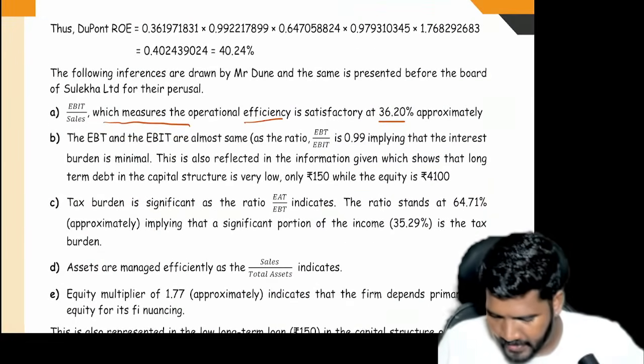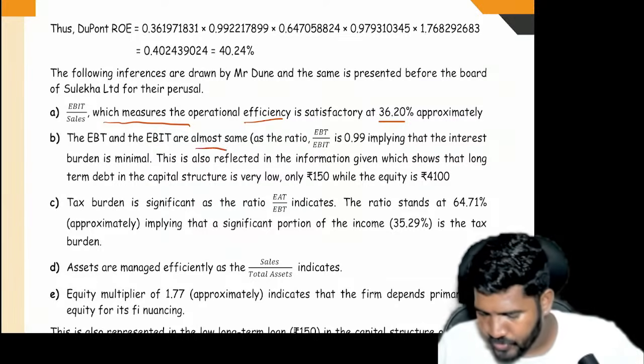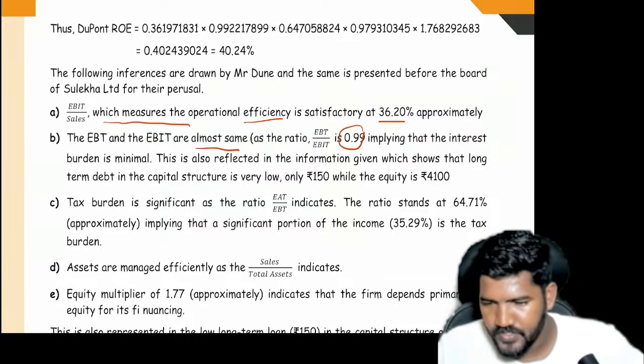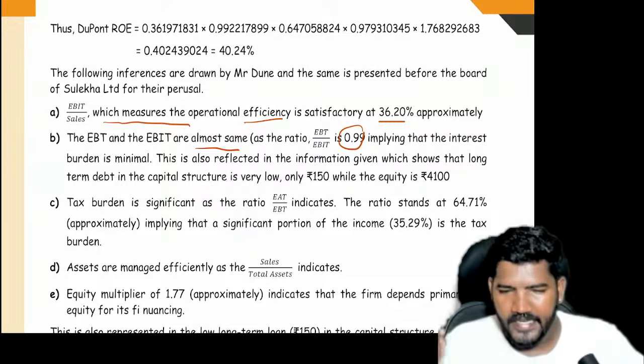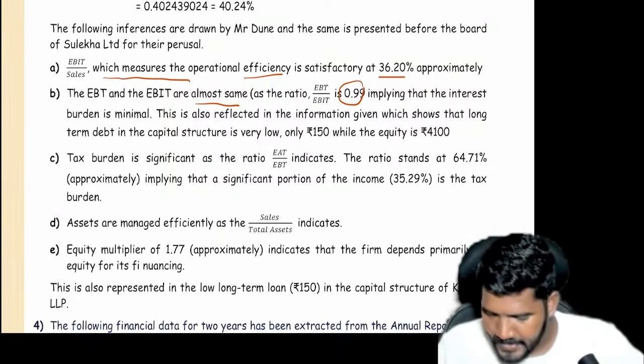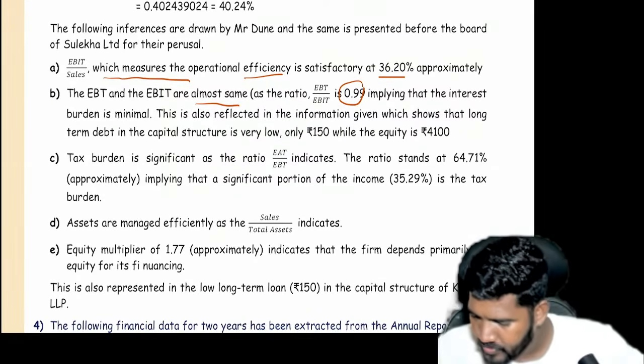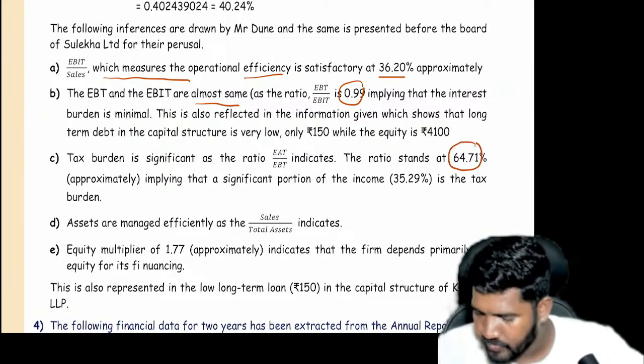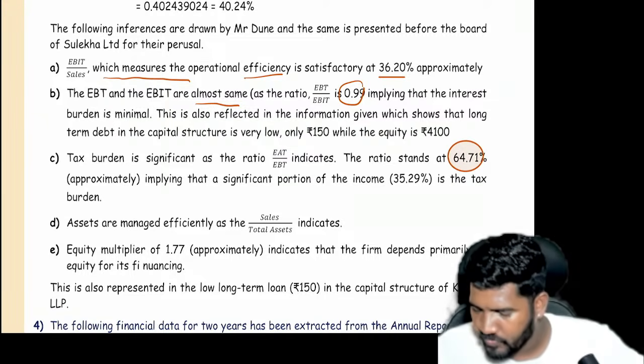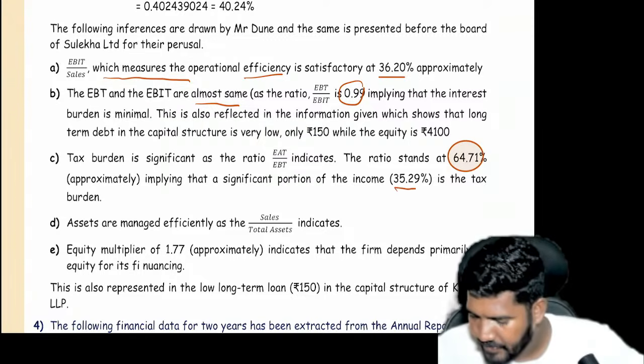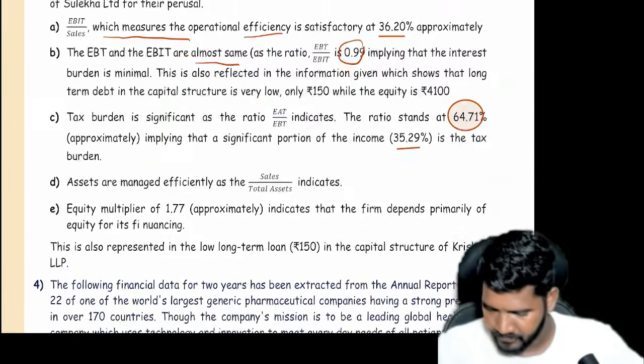Next, EBT and EBIT are almost the same. 0.99 means there is a minimal interest burden. The tax burden is significant. Why? Because the answer is 64.71%, which means 35.29% is the tax burden.